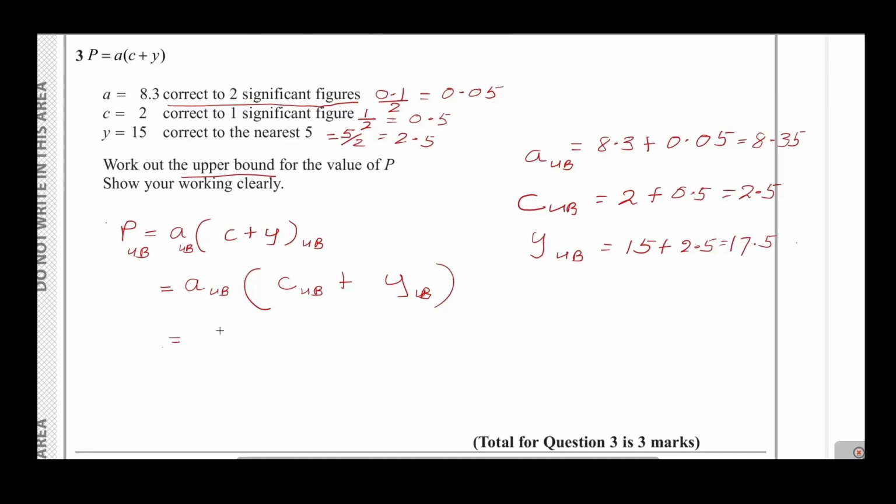Then let's apply the values. So 8.35 into c upper bound, which is 2.5, plus 17.5. Then 8.35 into, once we add these two, we get 20. The answer becomes 167. This is the final answer.